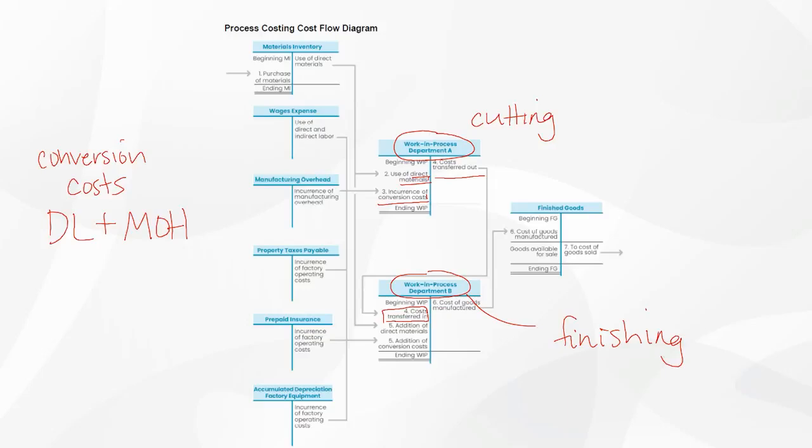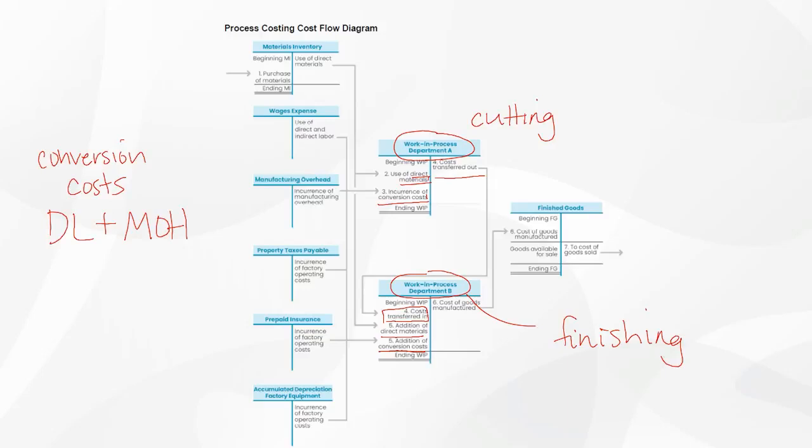So when we have that second or third or any department other than the first department, you will have cost transferred in. Then we add in department B here, or the finishing department, any more direct materials, any more conversion cost, and we can repeat this process over and over and over again.